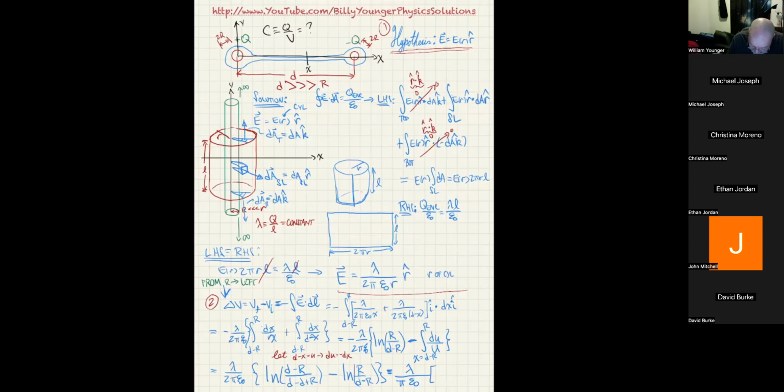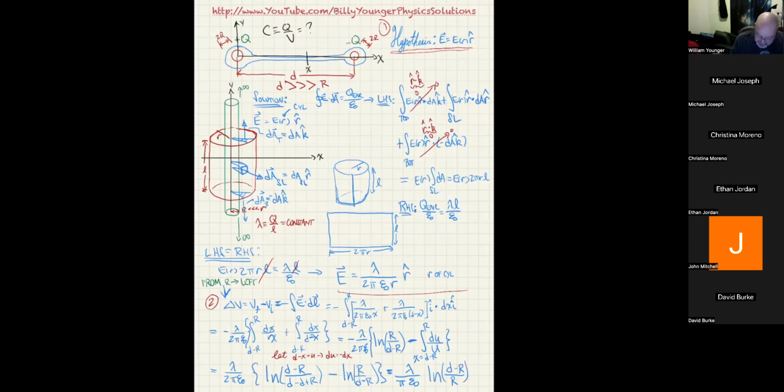That's 2 times the ln of d minus r over r. I've already taken care of the 2 by canceling out the 2 in the denominator. And all I have now is just a natural log of d minus r over r, like so. And r, of course, is supposed to be so small. You can make all sorts of approximations, but that's what the voltage is.